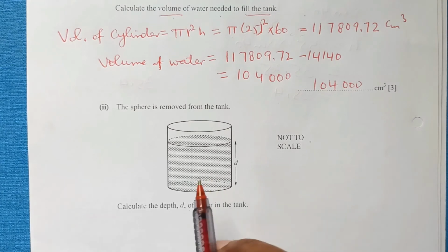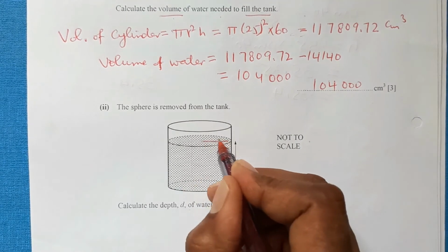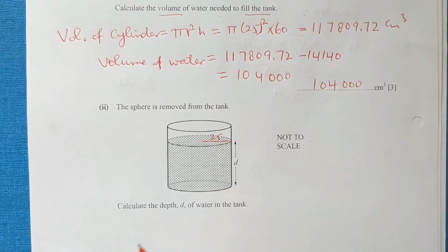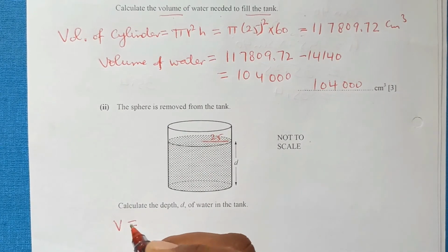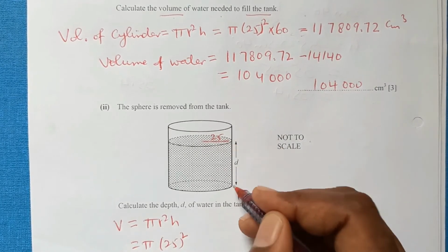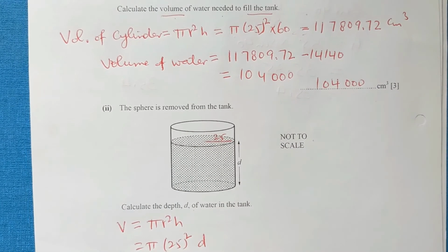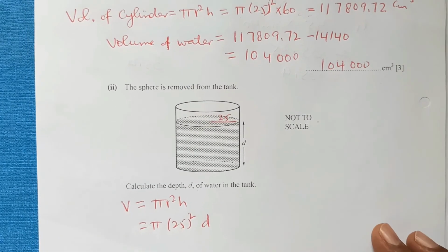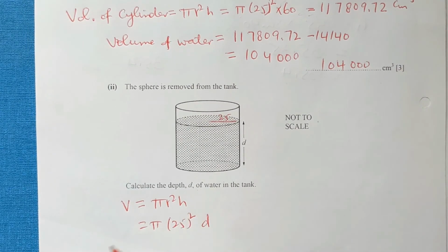We are given that the radius is 25. So volume is pi r squared h. Pi and r is 25 squared. h now is d, and we have already calculated this volume.